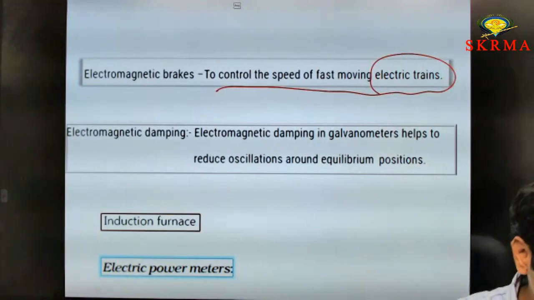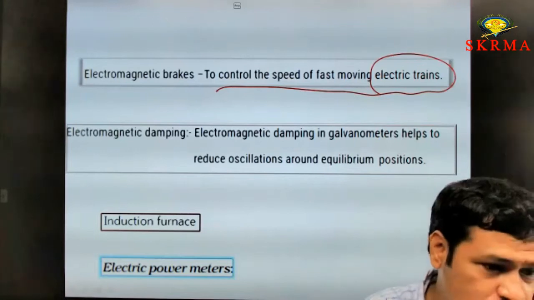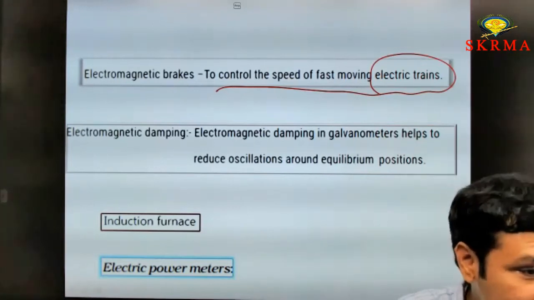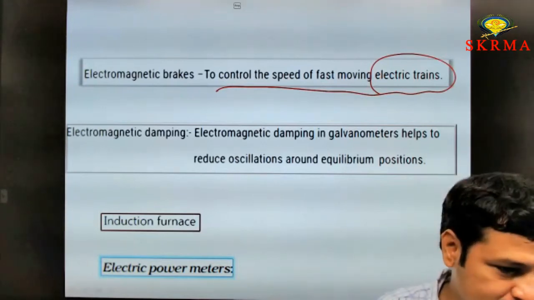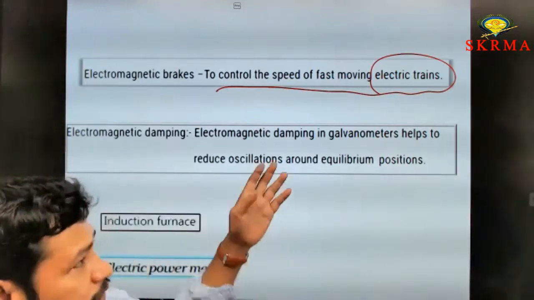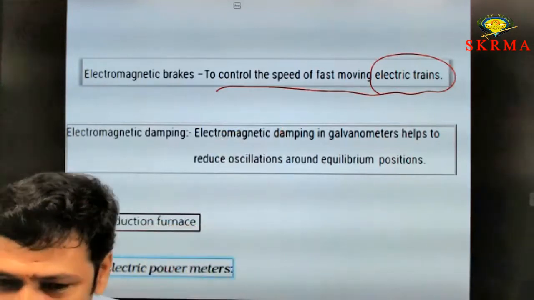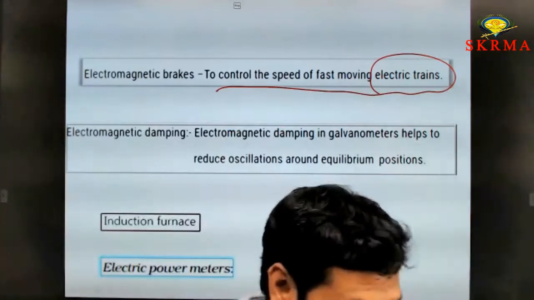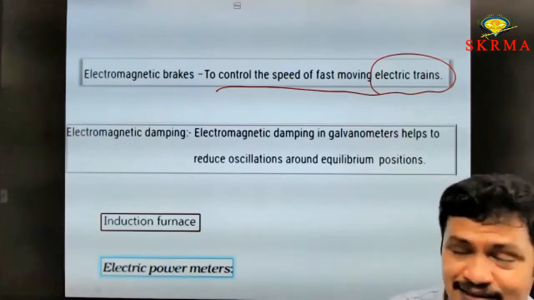Whenever the field is applied, eddy currents are formed in the copper material. They oppose the cause, that is, they oppose the source. Whenever they oppose the source, the current which is useful to run the train is reduced. This way, obviously the train slows down. That is the basic thing.